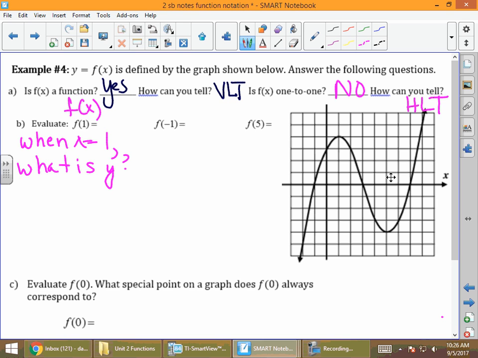It's read, evaluate f of 1. So we come over to our graph, and we go over 1. So what value is on our graph when x is 1? 1, 2, 3, 4. So f of 1 equals 4.